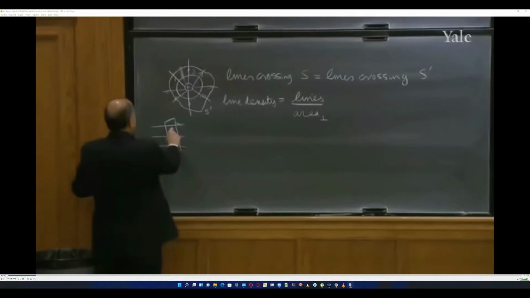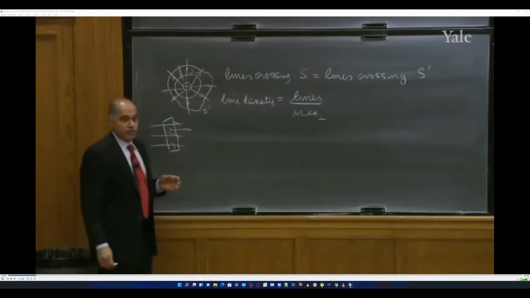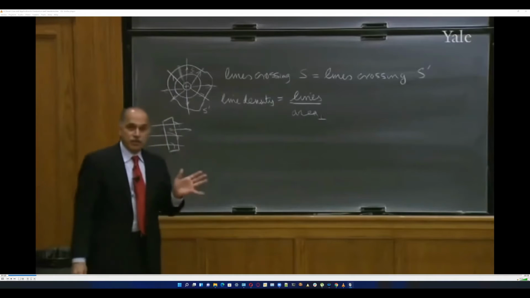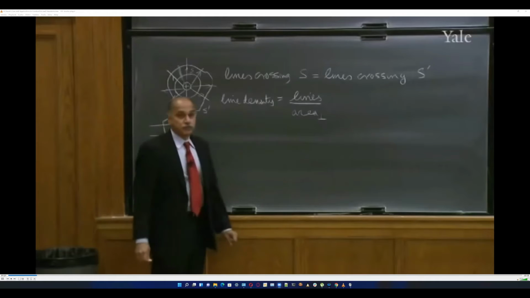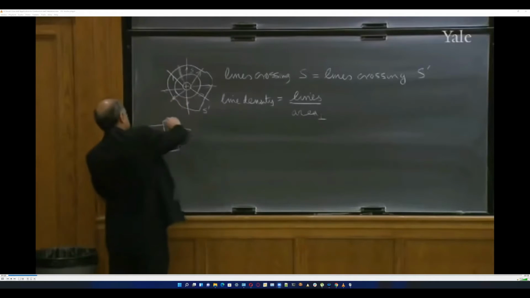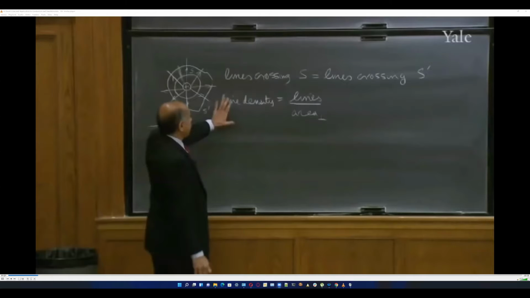Or if you like, the area vector, which is always normal to the area, should be parallel to the lines. So it's the number of lines crossing unit area perpendicular to the lines. That's called the line density. If you tilted this area, the same area but at a bad angle, it will intersect fewer lines. That you know. Okay, so this is the meaning of line density.